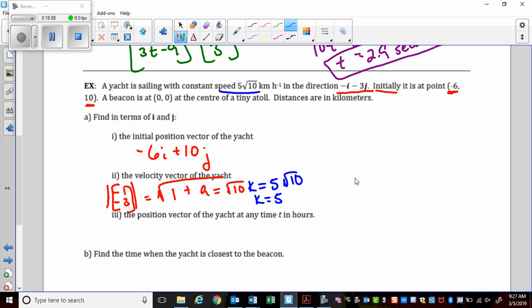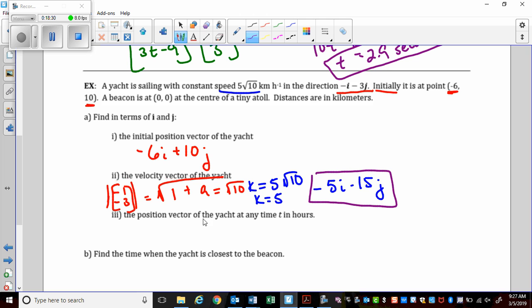So my velocity vector is, I'm just going to write it in terms of i and j. 5 times negative i is negative 5i. And then -3 times 5 is negative 15j. This is it. I just wanted to show you what it looks like with i's and j's instead of in the vector form.